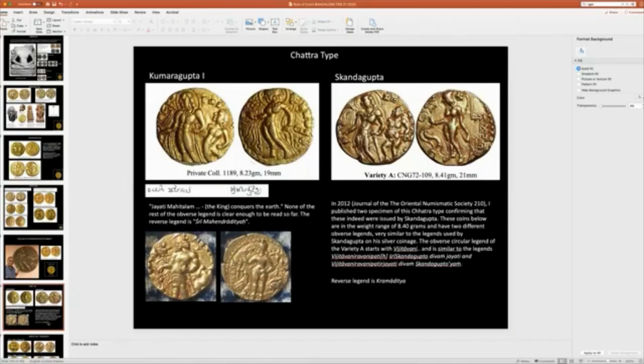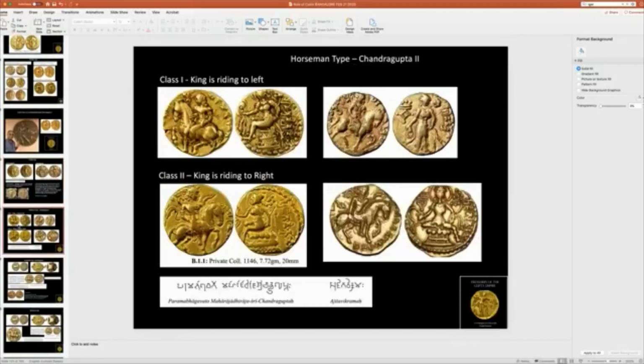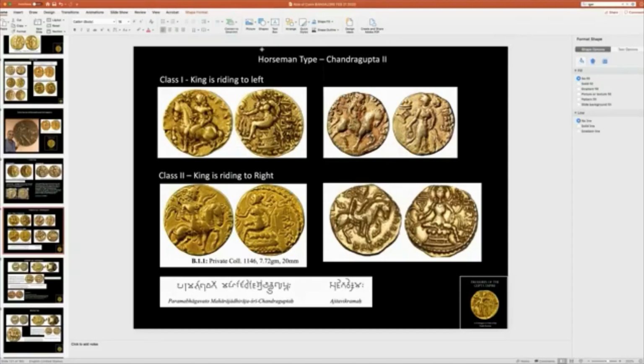All right, okay. Now we go to the horseman type. Now the horseman type was struck by Chandragupta II, and not by Samudragupta prior to him. It was started by Chandragupta II, and shows many different styles.